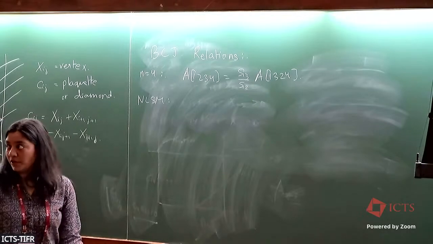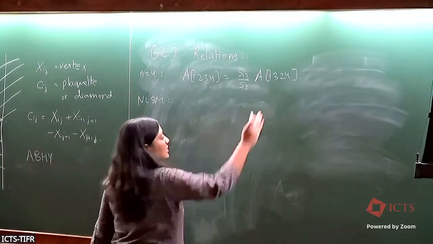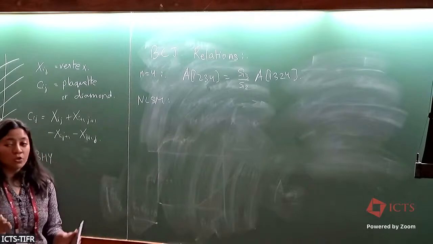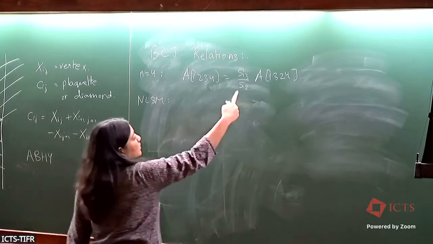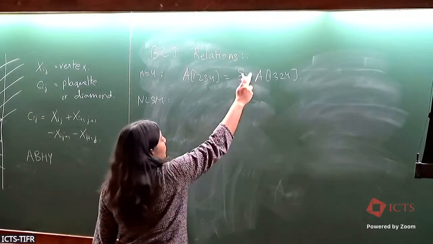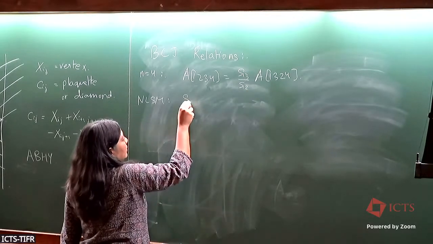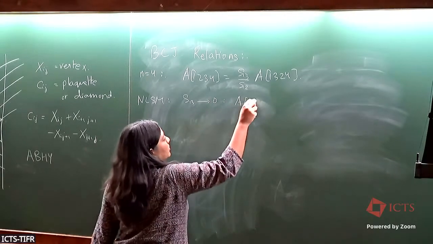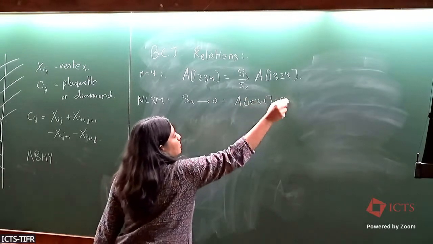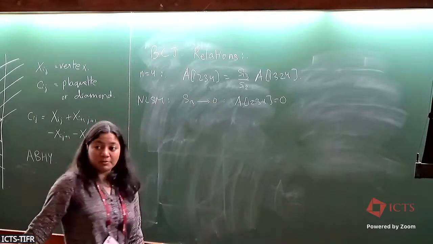There are no 3-point interactions, which means both of these are local functions of the Mandelstams. If they're local functions, then there's no pole in S12 and no pole in S13. So when S13 goes to 0, A(1,2,3,4) has to be 0, because it satisfies the BCJ relation.